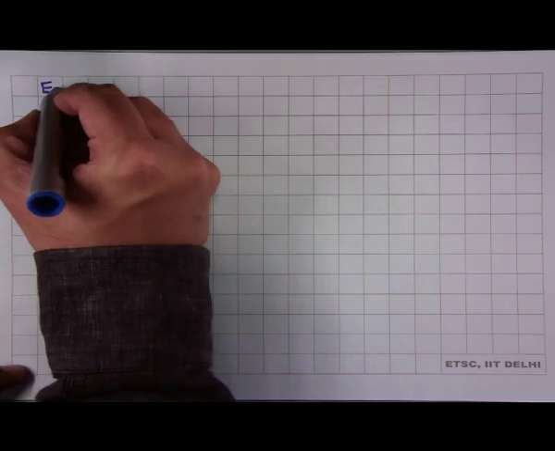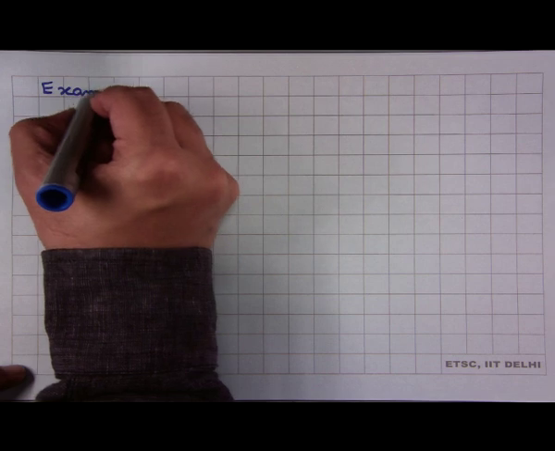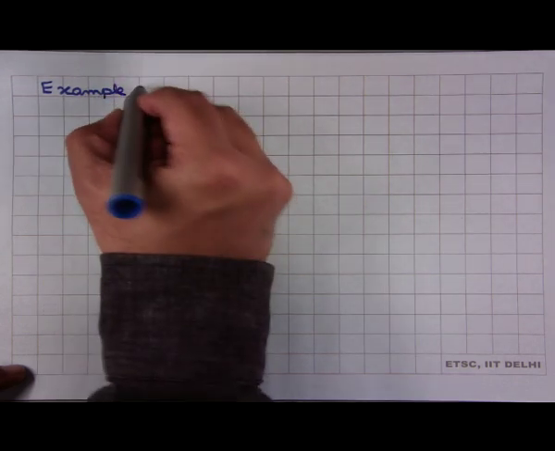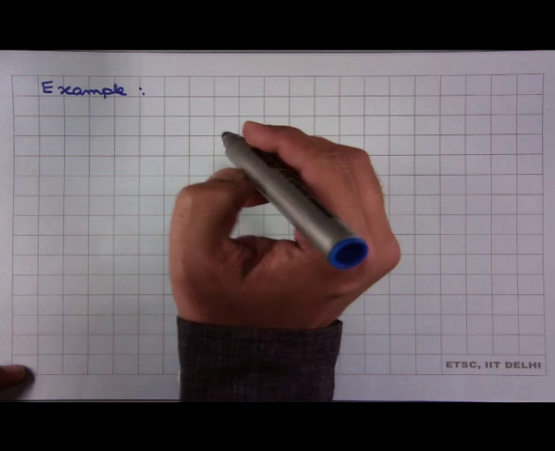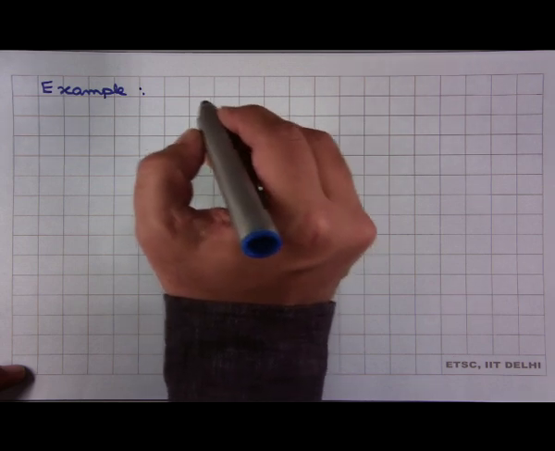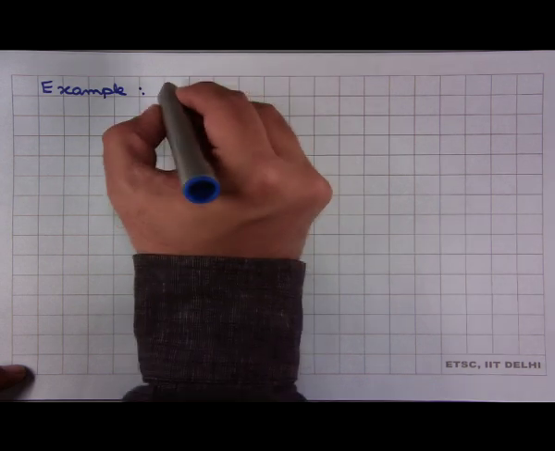Next, let us look at another example of finding out whether the system of equations has a solution or no solution. This particular example is based on a JEE problem.